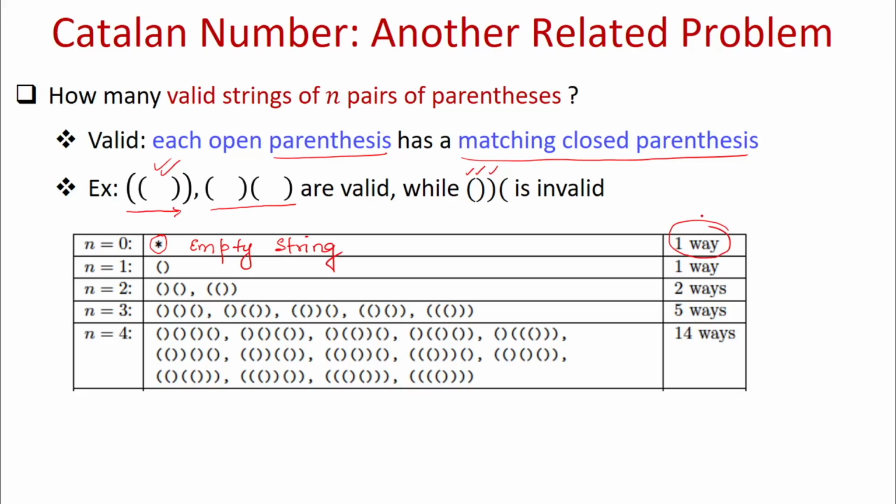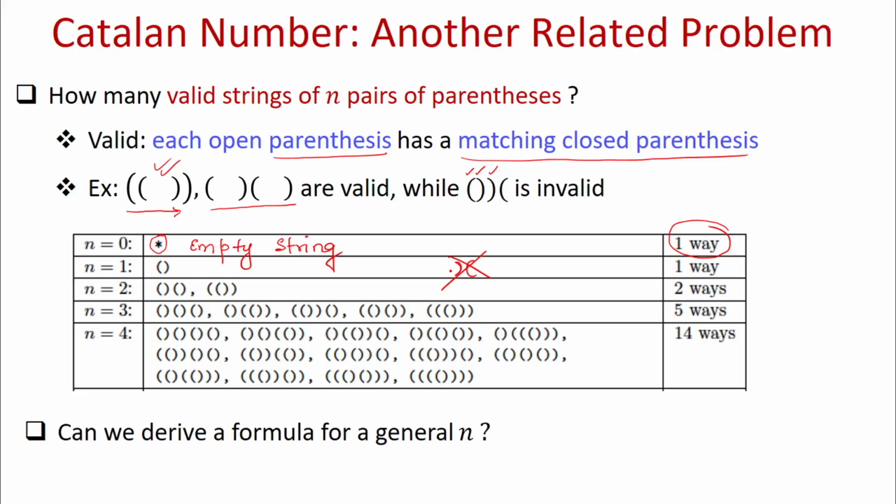Namely, there is only one way of coming up with a valid string consisting of 0 pairs of parentheses. That one way is nothing but writing down a null string. For n equal to 1, you have only one string, namely a left parenthesis followed by a right parenthesis. Whereas a string where you have a right parenthesis followed by a left parenthesis is invalid. Similarly, for n equal to 2, you have 2 strings. For n equal to 3, you have 5 strings and so on.